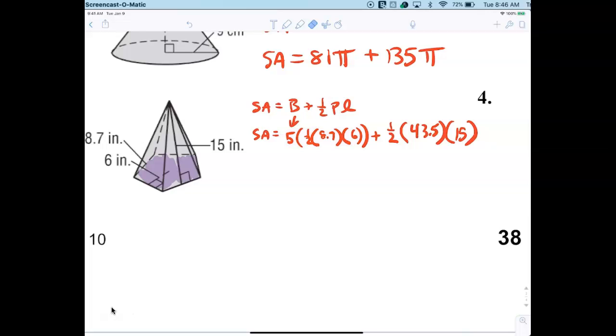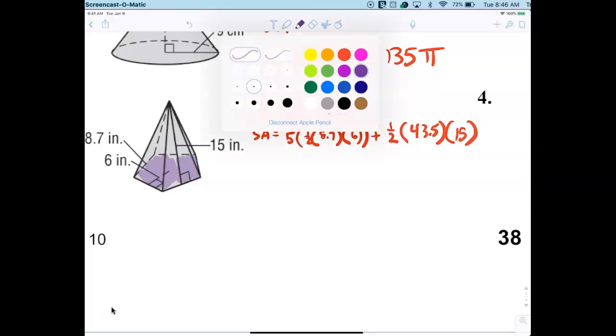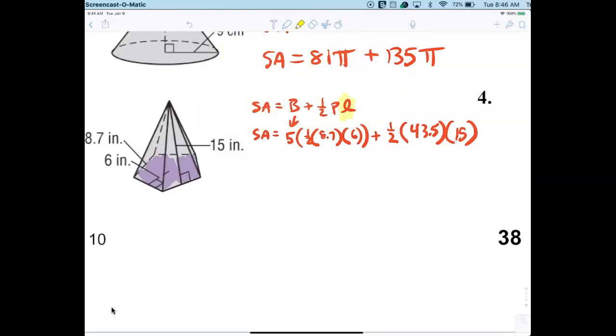Now again, to me, that is hard to do if you don't understand surface area. Because that's the 1/2 right here, kiddo. Look, right here. That's this part of the formula. That's 1/2.